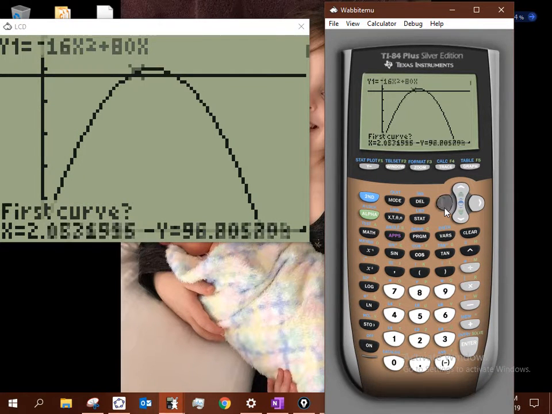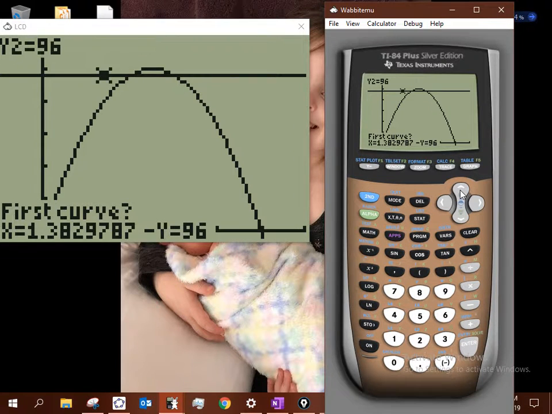And now you see that it says first curve, and as I move along with my directional pad, you can see that the cursor moves along the parabola, right? If I hit the up or down keys on my directional pad, it's going to jump me to the other curve. Okay?